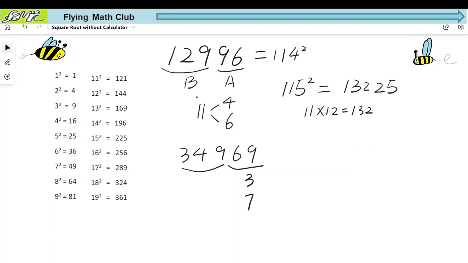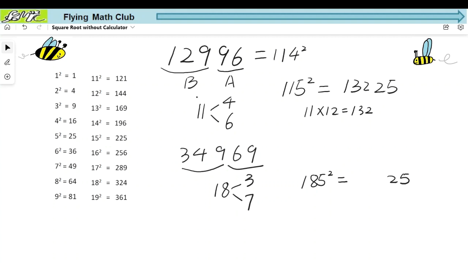For part B, 349 is between 18 squared, 324, and 19 squared, 361. So that should be 18. So the possible square root could be 183 or 187. We still use 185 as validation.